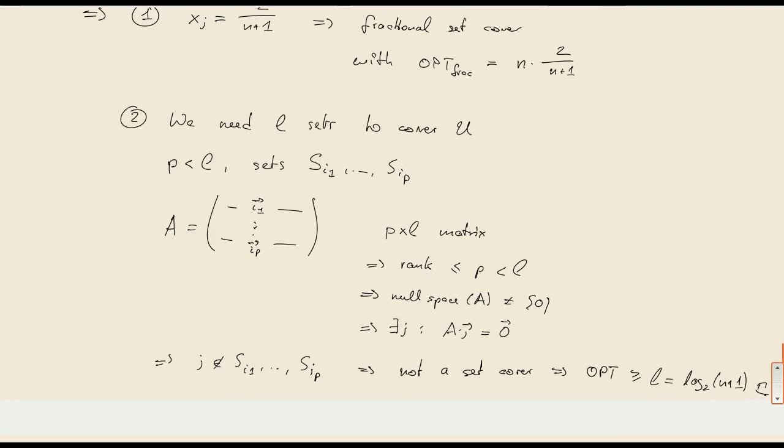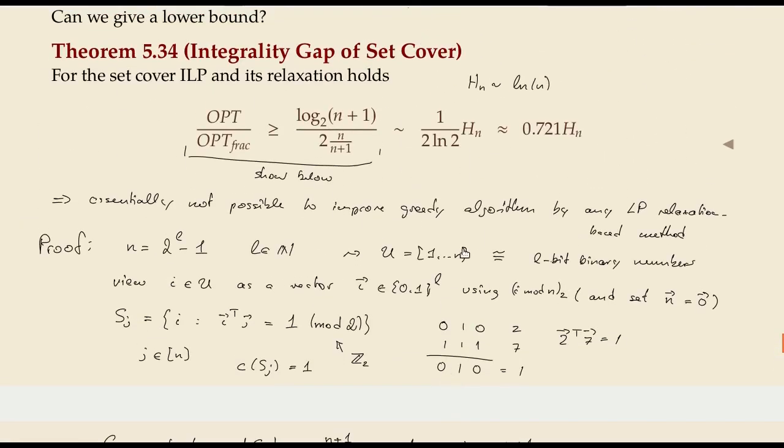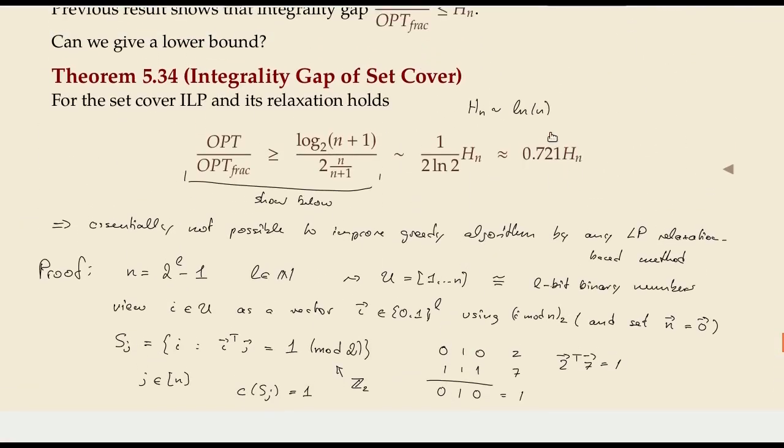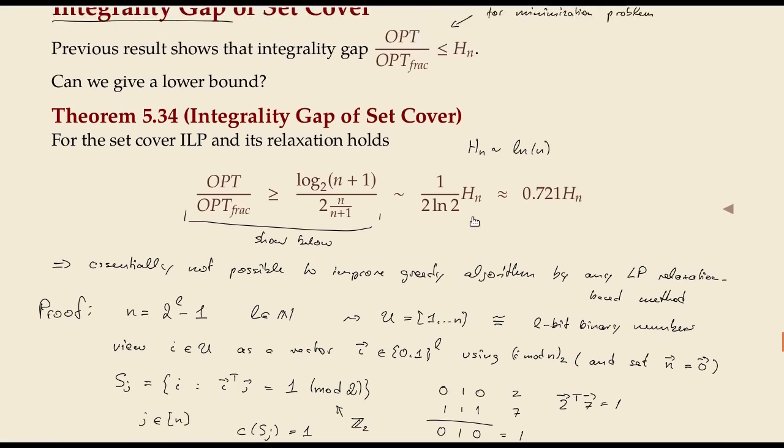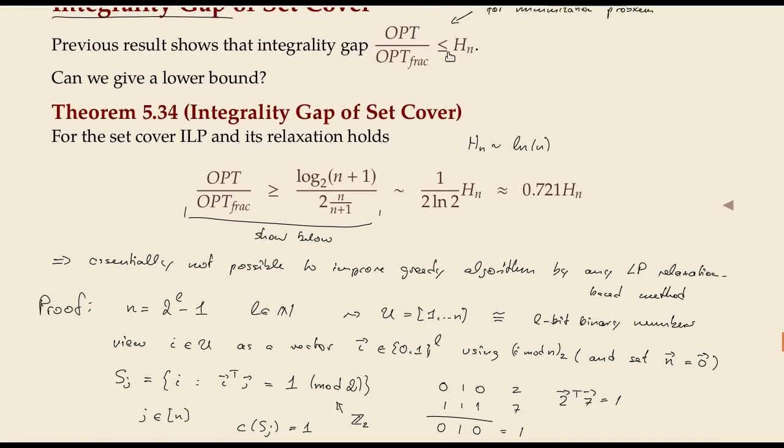So what this means is that there's an integrality gap that's at the very heart of the set cover integer linear program of essentially this logarithmic size that you can't overcome. There are instances where you achieve that. And I guess with a more contrived example, you can show that this is essentially optimal, even though this might be beyond what we would like to prove in this course.